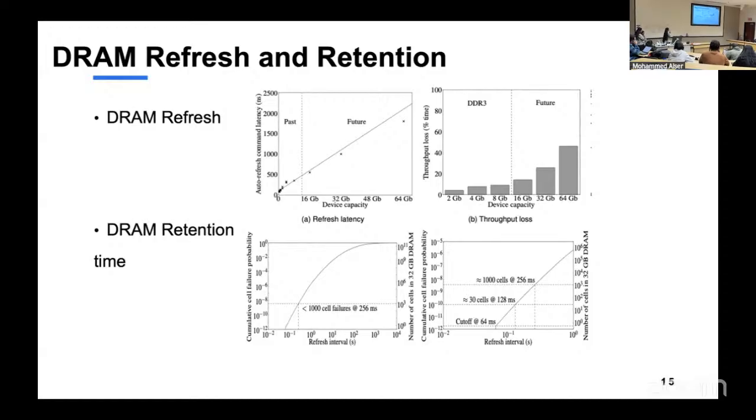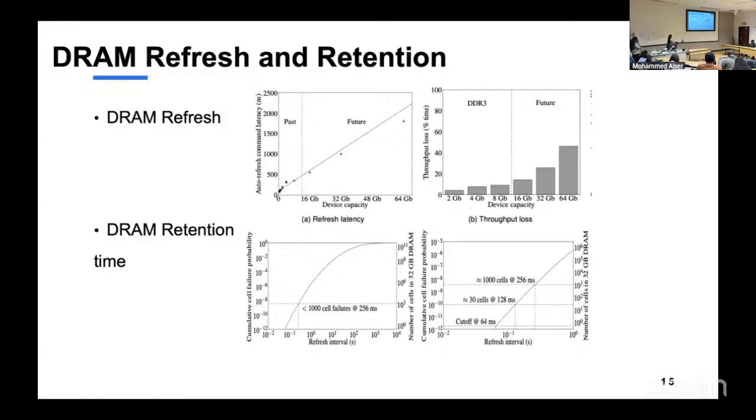And coming to the DRAM retention time, we have the refresh interval on the x-axis and cumulative cell failure probability on the y-axis. So less than 1000 cells need less than 256 milliseconds retention time. But in the baseline model, we'll be refreshing every 64 milliseconds.